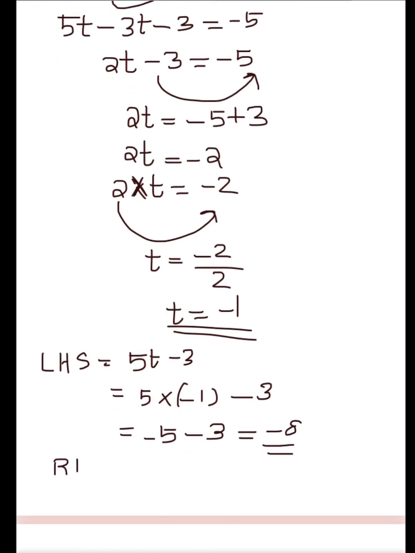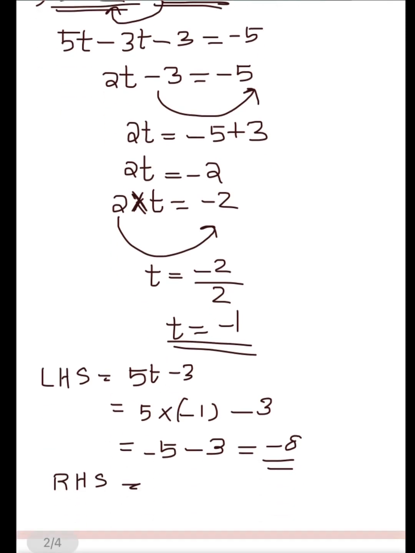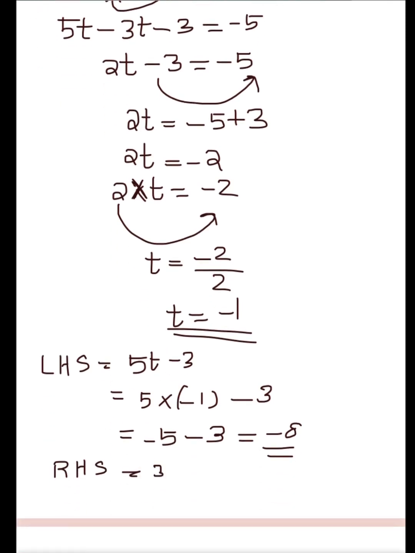Now let's see RHS. What is RHS? RHS is equal to 3t minus 5. Now what is t? We got minus 1. So 3 into minus 1 minus 5.